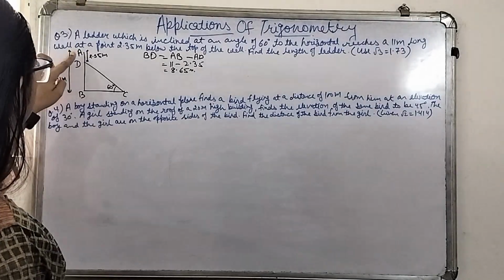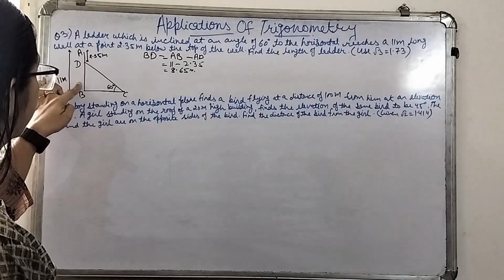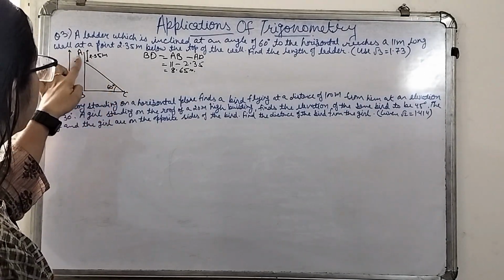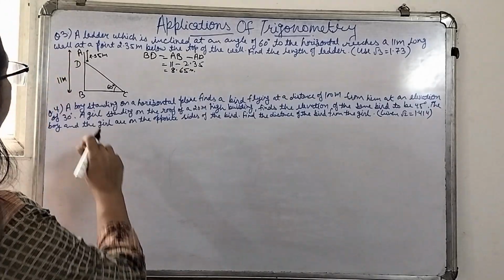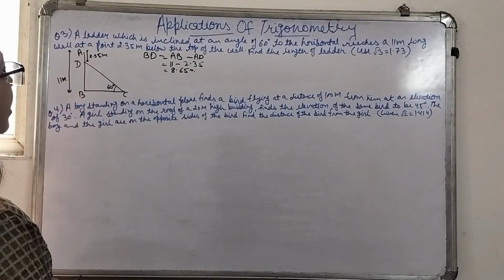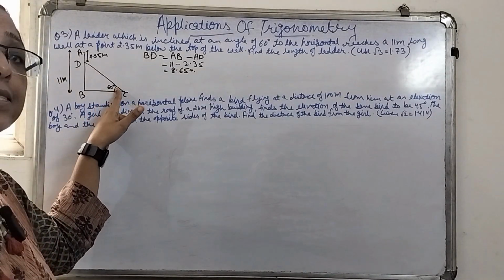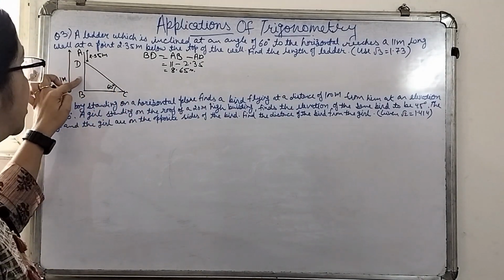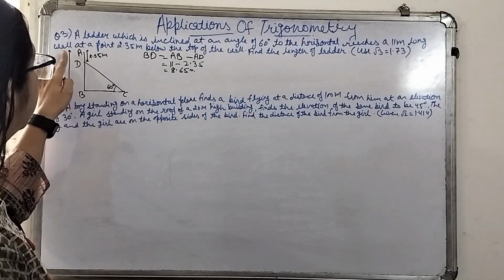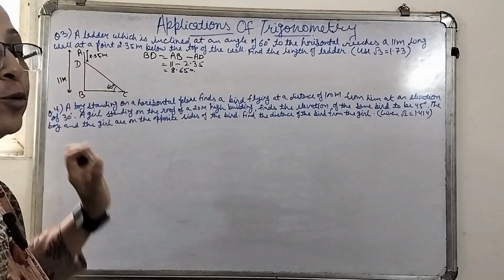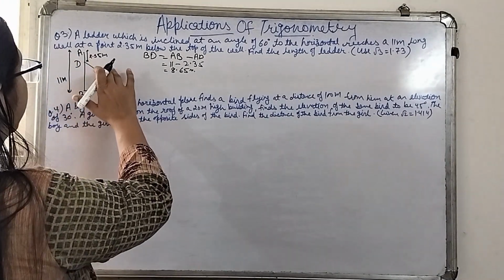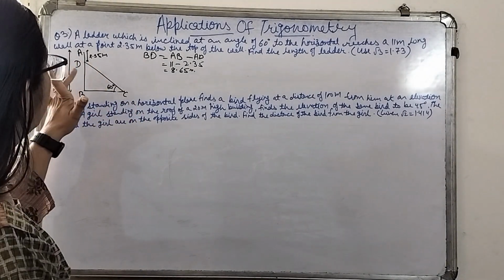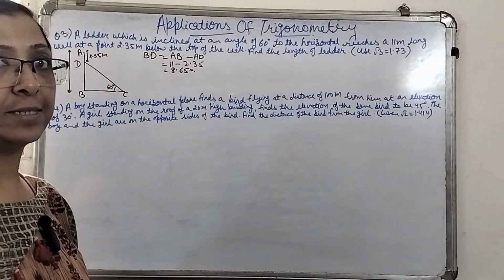Now over here this side is given to us, and we have to find this hypotenuse. In triangle BCD, we consider this angle theta, which is 60 degrees. The side opposite to this is BD, which is the perpendicular, and we have to find the length of CD, that means the hypotenuse. So we have to select a trigonometric ratio in which perpendicular and hypotenuse are coming.